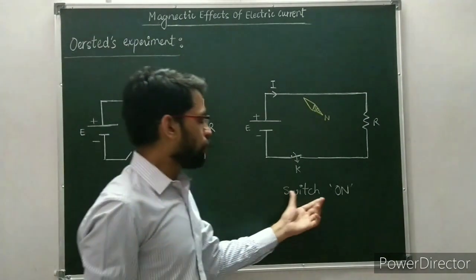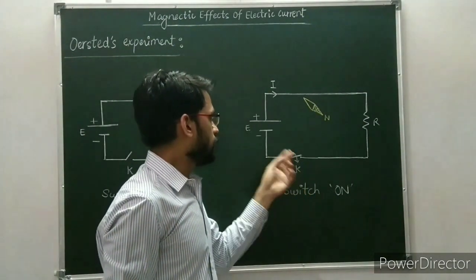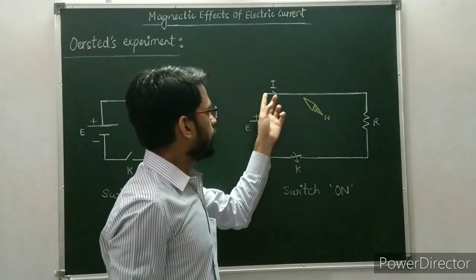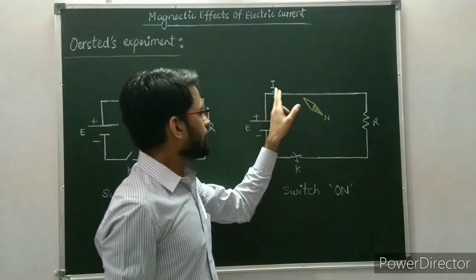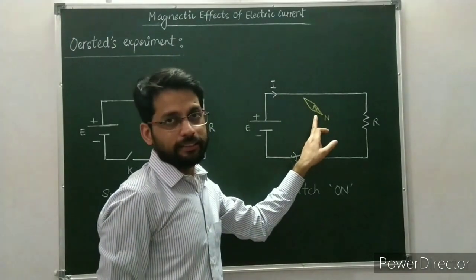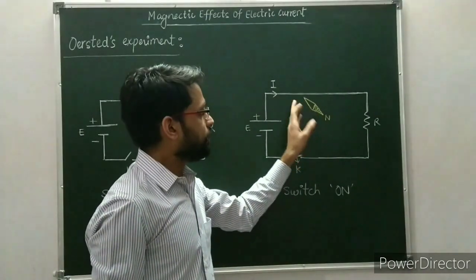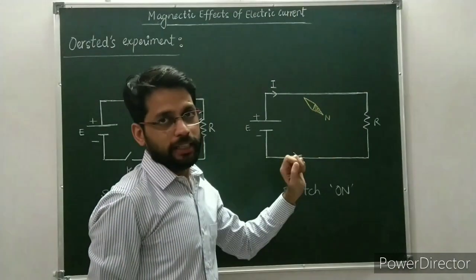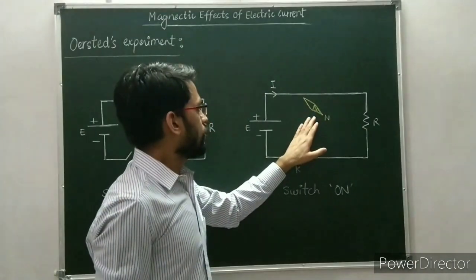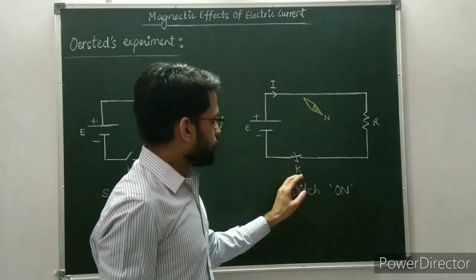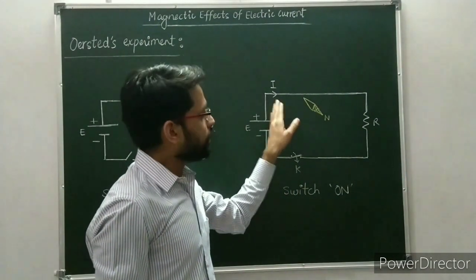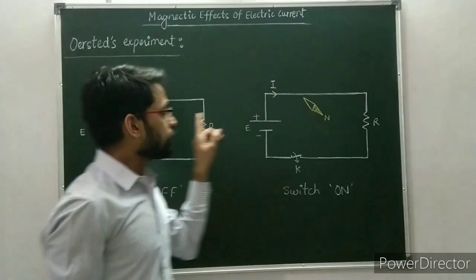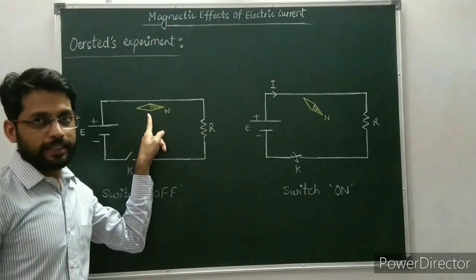Now, when we switch on the key, a current is drawn from the cell or supply, and this current deflects the needle in a random direction. And when we switch off the key, the current goes to zero and the needle comes back to its original state.